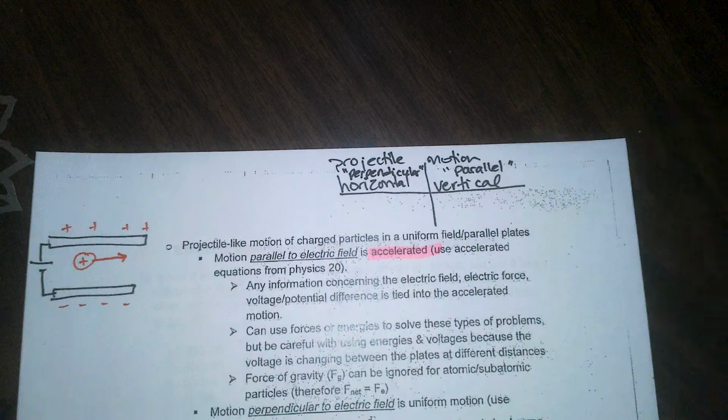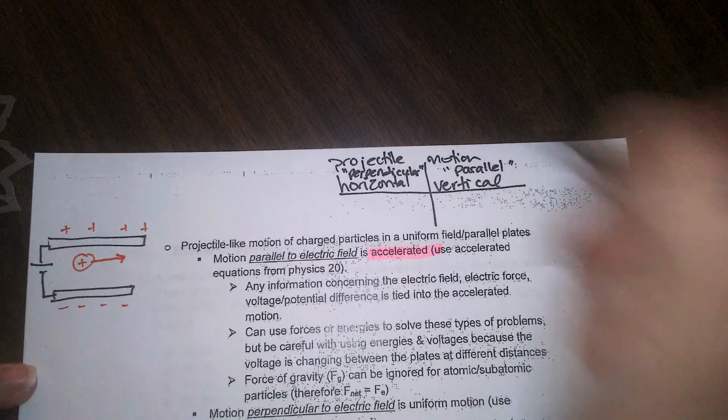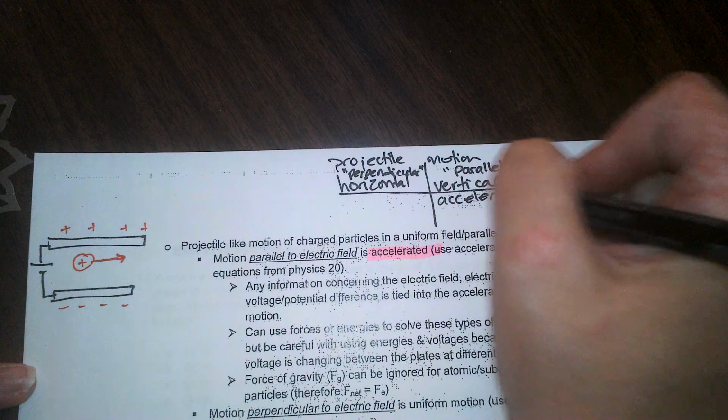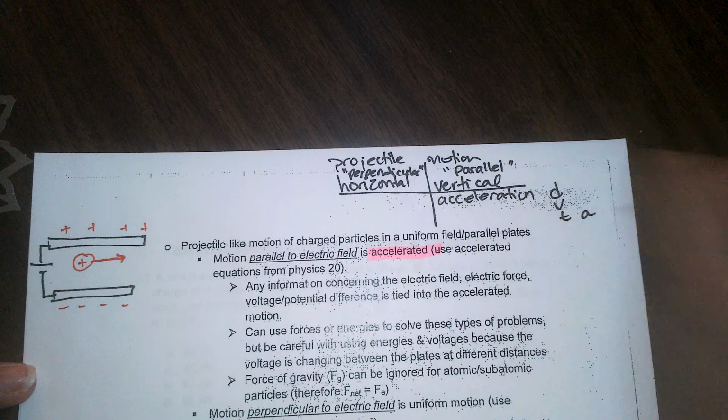I don't want you to get hung up on the word horizontal or vertical, because it really depends on the orientation of the plates. I want you now to look at parallel versus perpendicular. In parallel, that's where we can find acceleration, right? d, v, t, and a.